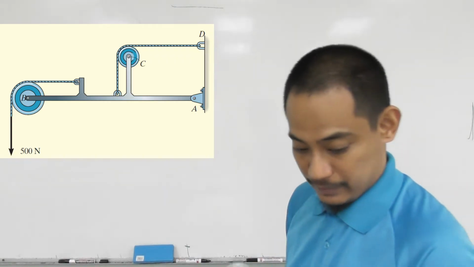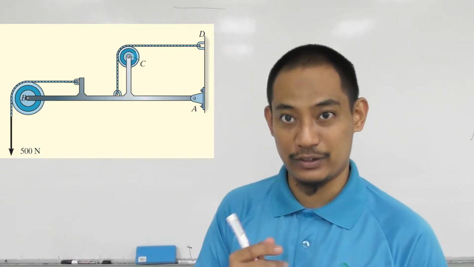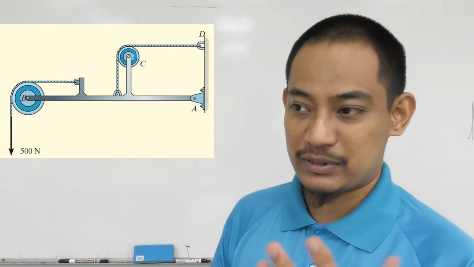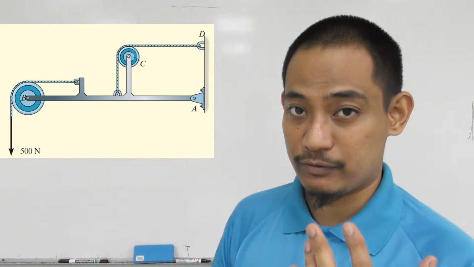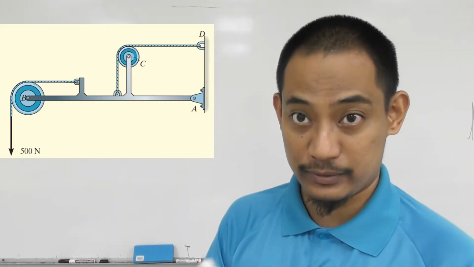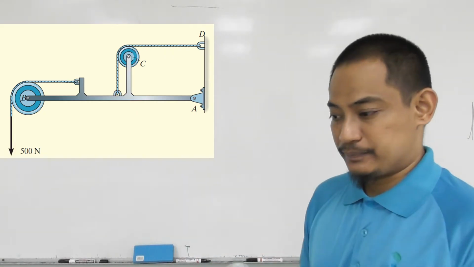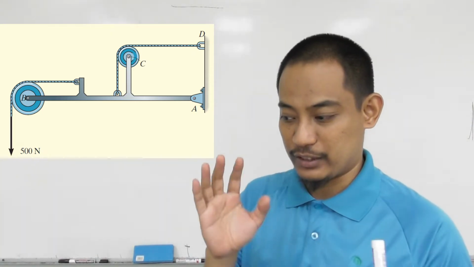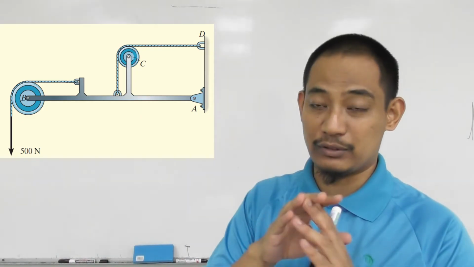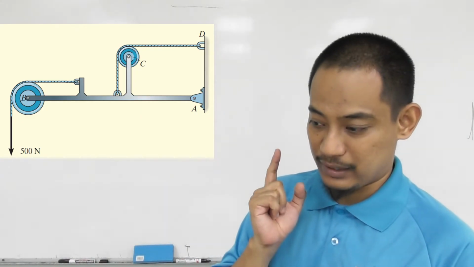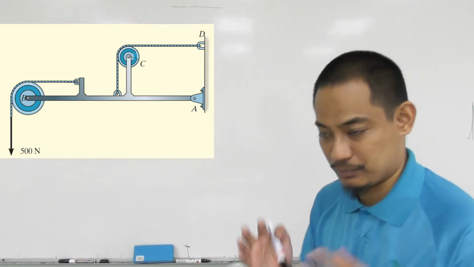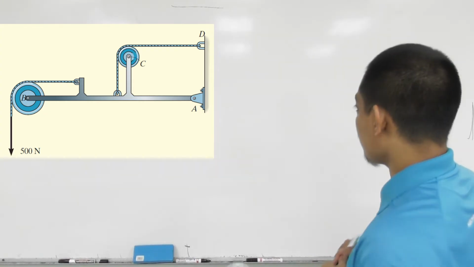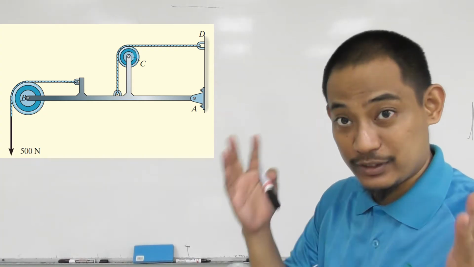Up to you, right? So there are several ways to draw the free body diagram, and all are correct, but sometimes some free body diagrams are not that beneficial in terms of getting what you want. So one way is you don't take away the support at A and cable D, for example, so that it becomes a free body diagram of the body as a whole, right?